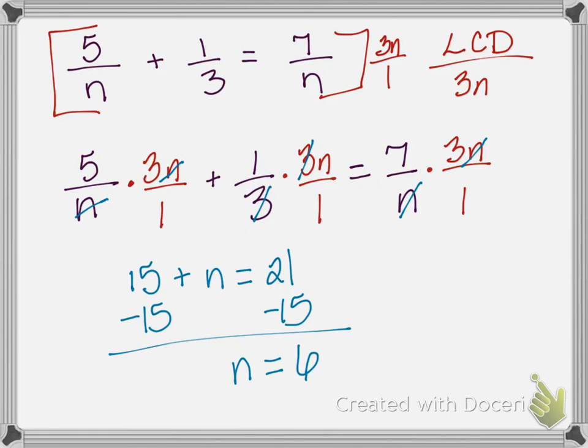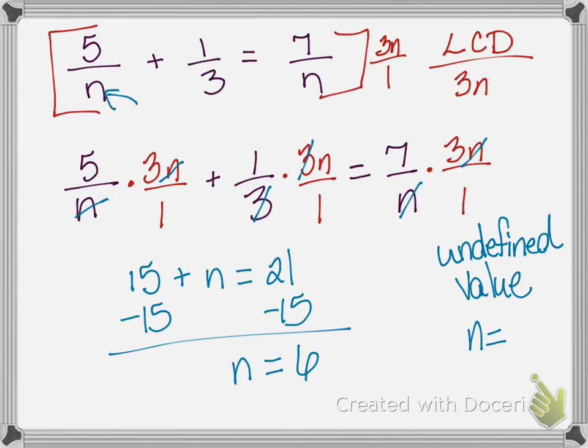Now, we didn't talk about the undefined value, but I do have to worry about undefined values anytime I have a variable in the denominator. So, what value for n would make my denominator 0? If I plug in 6 for n right here, I would get 5 over 6, which is okay.